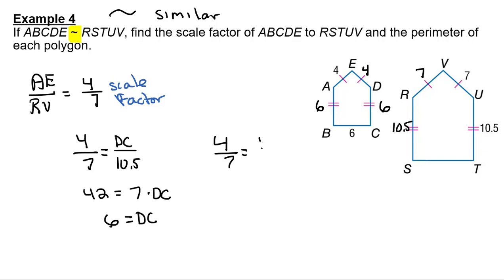I have BC is to ST. So 4 is to 7 as BC, which I know is 6, is to ST, which I'm going to call X. So 7 times 6 is 42 equals 4X. I divide, and I get 10.5.